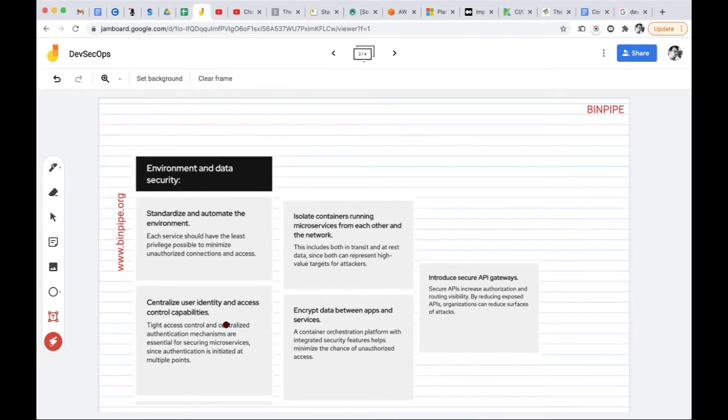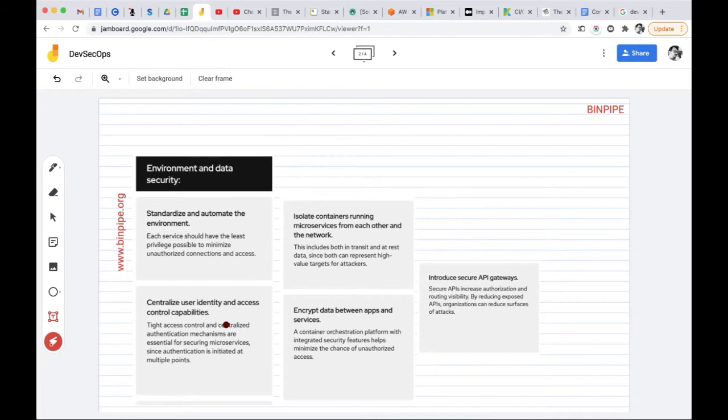For example, say you have a database and you have different sets of database users. You have an application, you have different sets of application users, SSH users. If you have multiple credentials for the same user, it would be difficult to manage and maintain. So centralizing user identity and access control makes a very good and secure application level in terms of cloud governance.